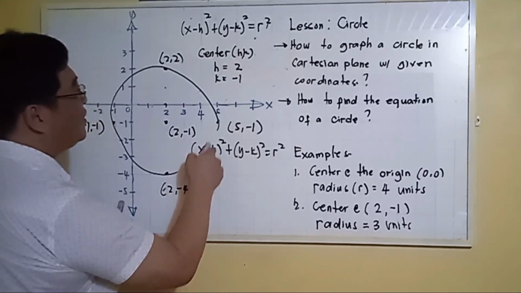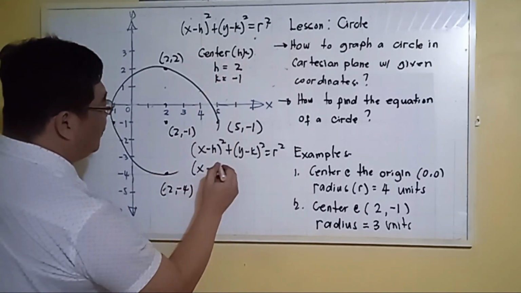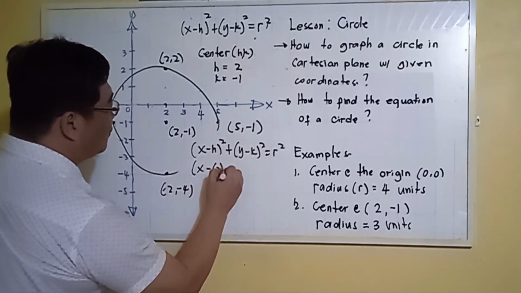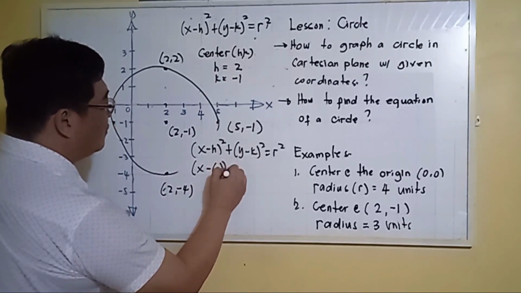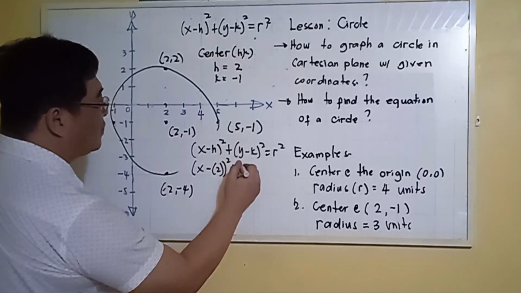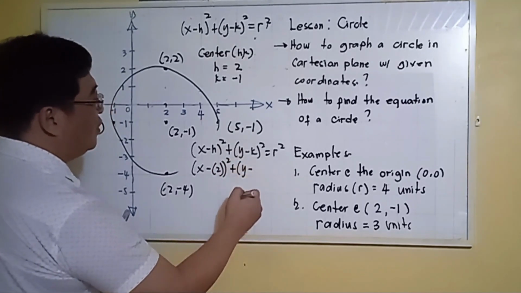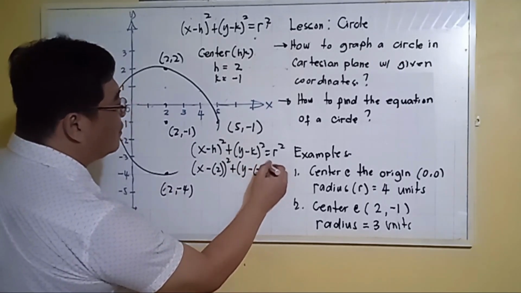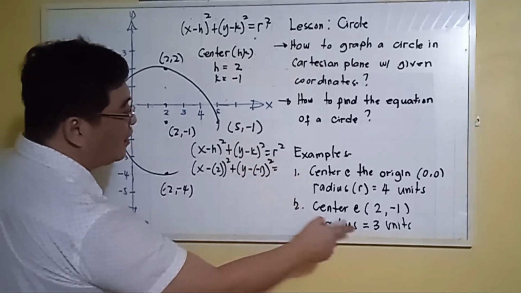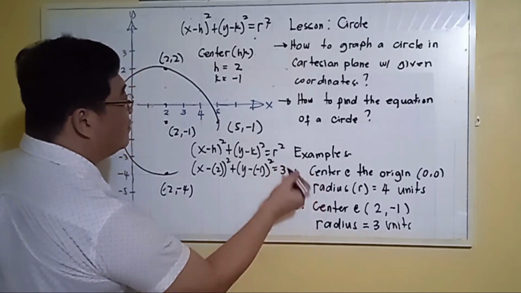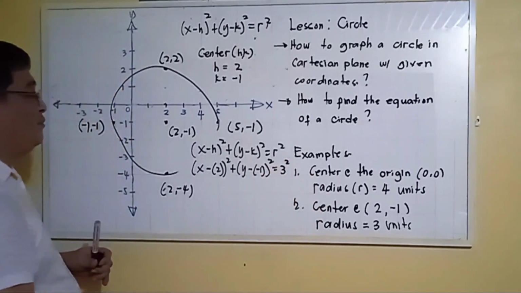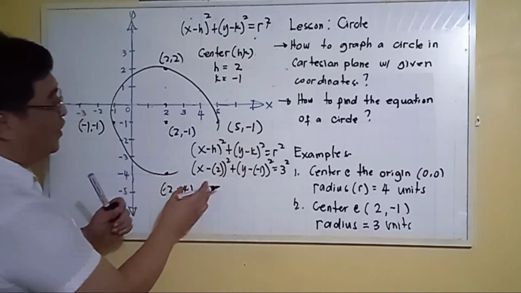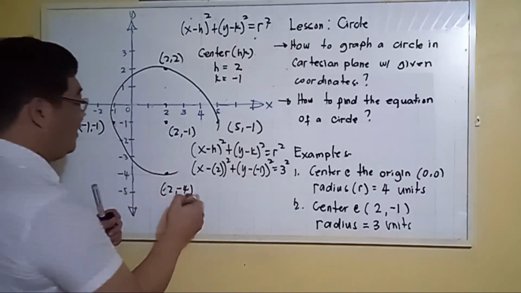(x − h), yung h is equals to positive 2. So that is (x − 2)² plus (y − k), k is negative 1. So we have (−1)² is equals, and then r is 3². And then tanggalin natin yung parenthesis sa loob ng parenthesis.